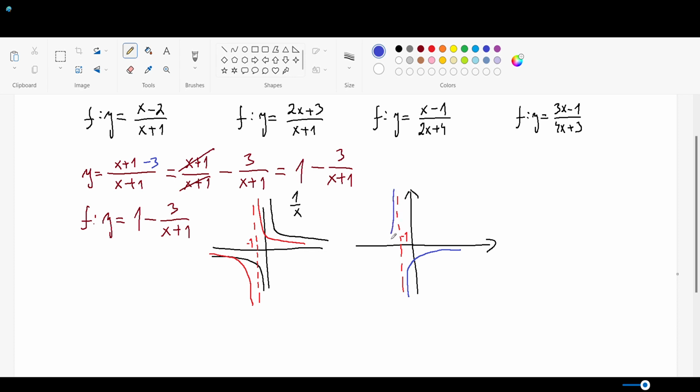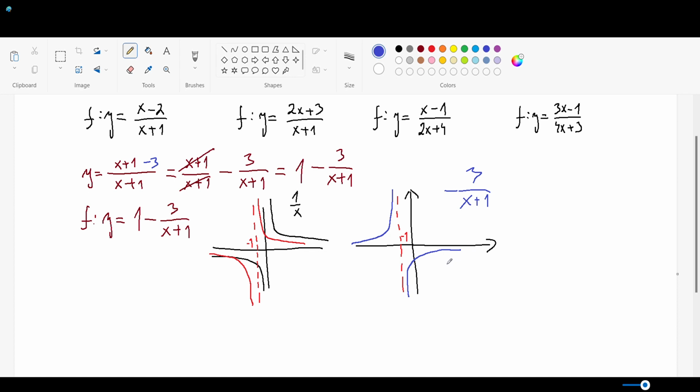But what is important, and we really don't care about now, is how fast it will increase or decrease, how many times, but basically 3 times faster. It will be increasing and decreasing here. So this is our chart of the function given by the definition -3 over x plus 1.